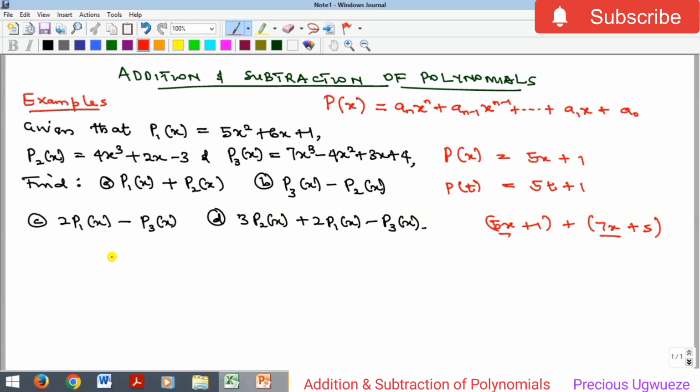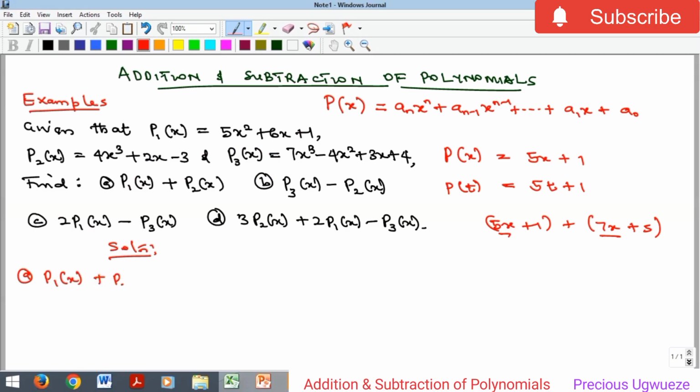So that's exactly what we're going to see here. So let's do the example we have here. Solution. It says that given that P1 is this, and then P2 is this, and P3, we should find, the first one here says we should find P1 of x plus P2 of x.